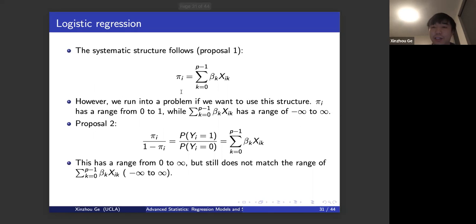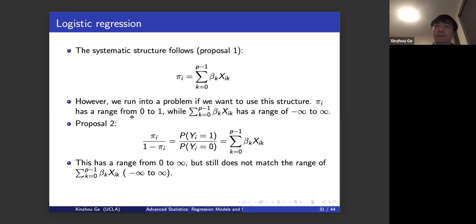But actually, this linear combination can take values from negative infinity to positive infinity. So for example, if we have very small x or very large x, we may have a very large predicted value from this formula. And if pi only takes values from 0 to 1, it does not meet our requirement.